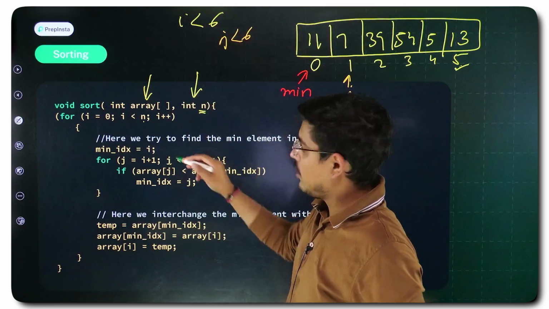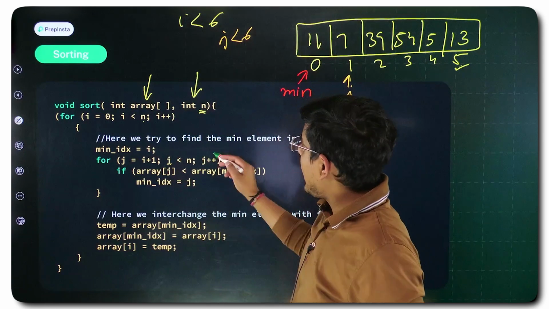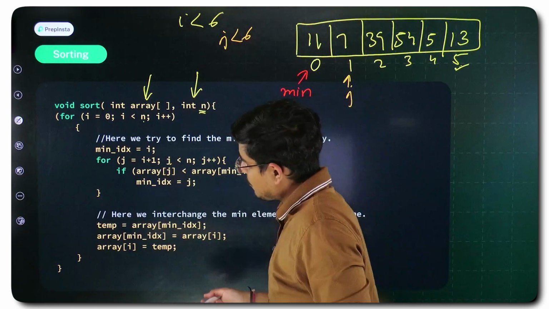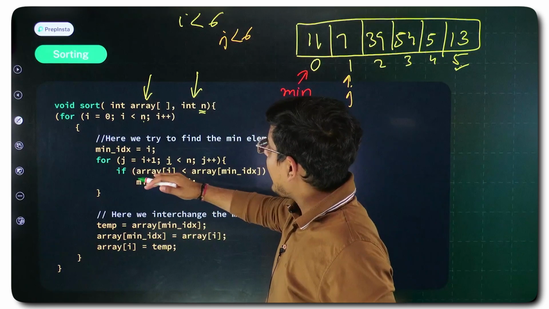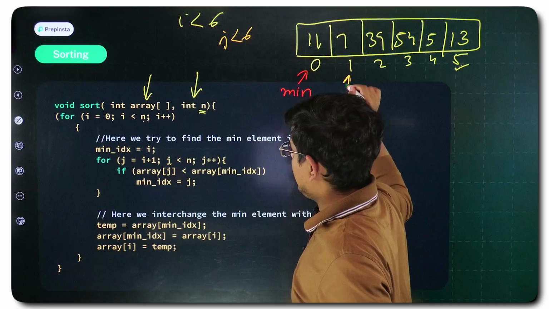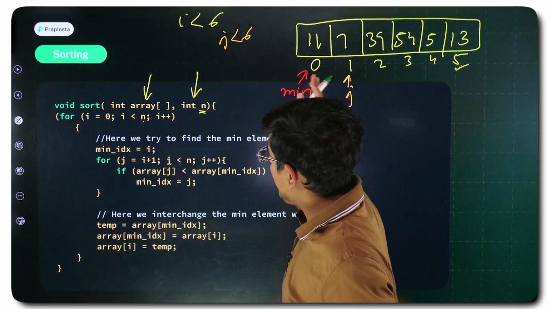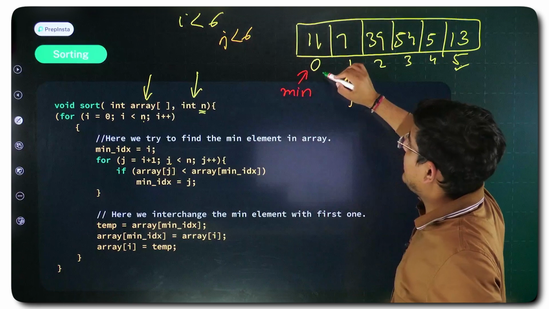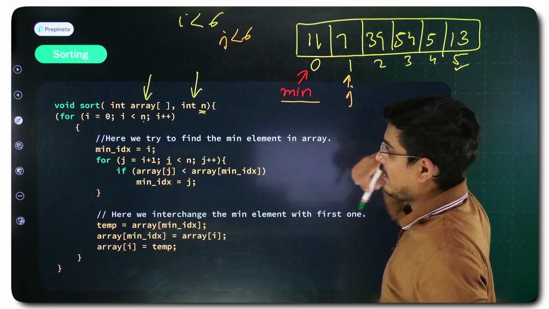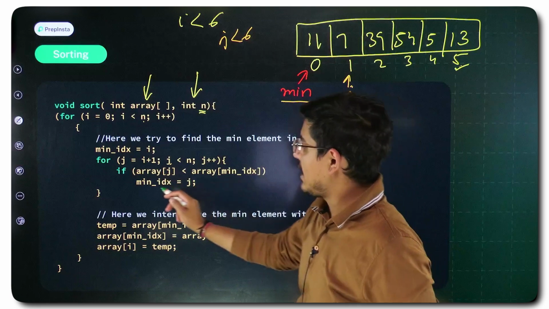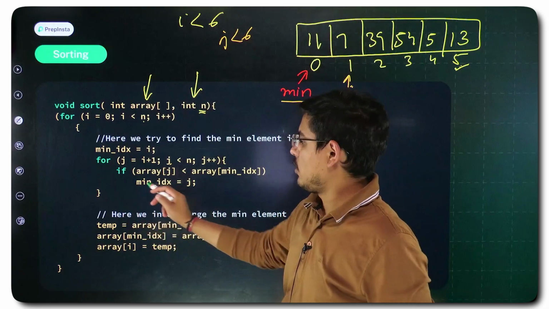In the same manner, j can go up to 5 and j will increment after every iteration of this loop. So what happens here is, if the value at the jth index is lesser than the value at the index pointed out by min, then you need to update the value of min to j.